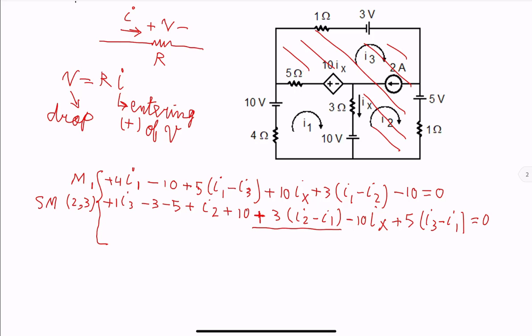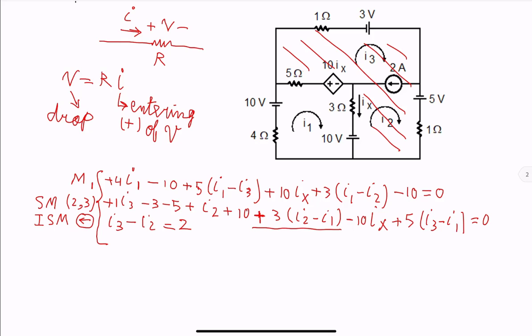Whenever we look at the supermesh, immediately we look inside the supermesh, in other words, information provided by the current source. That current source is telling us current going from right to left. In other words, I3 minus I2 is equal to 2 amps.